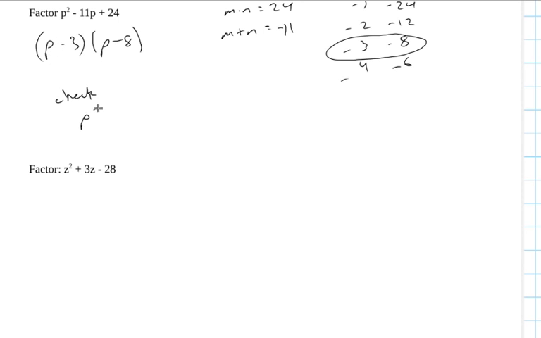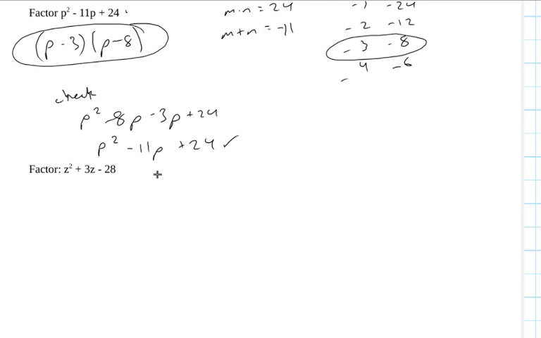P times p is p squared. P times negative 8 is negative 8p. Negative 3 times p is negative 3p, and negative 3 times negative 8 is positive 24. When I combine the negative 8p and the negative 3p, I get p squared minus 11p plus 24, and that's what I actually wanted. So this is the factored form right there.